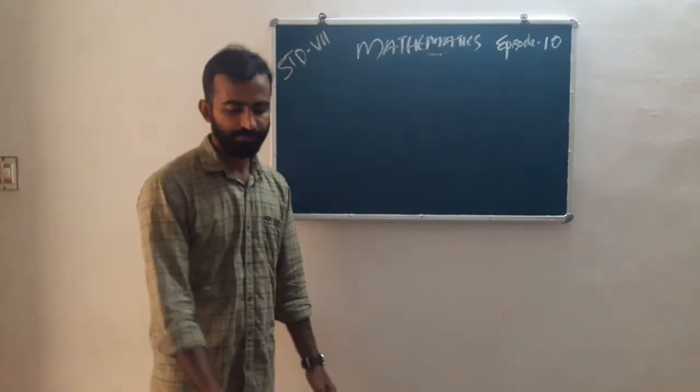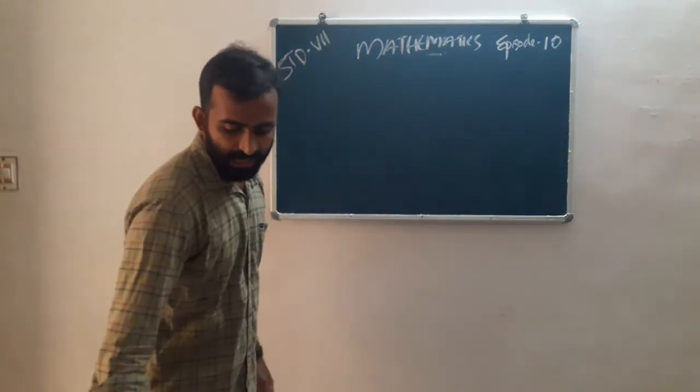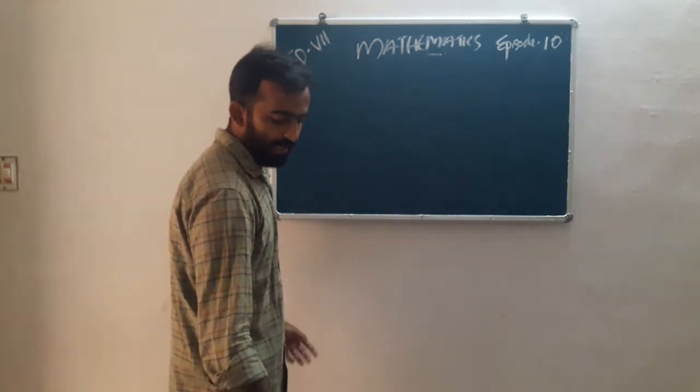The third one is negative 75 divided by 5.